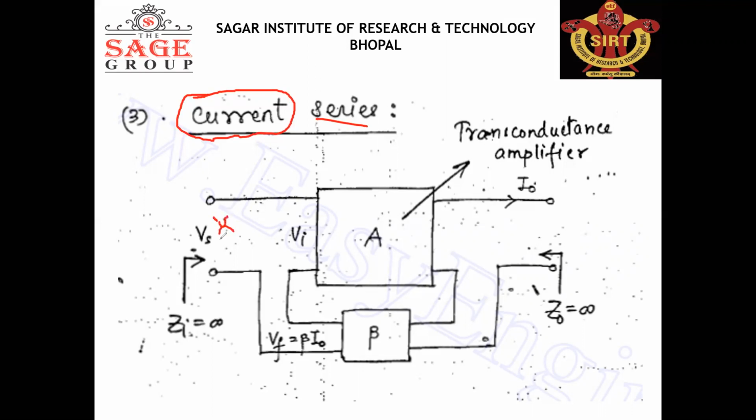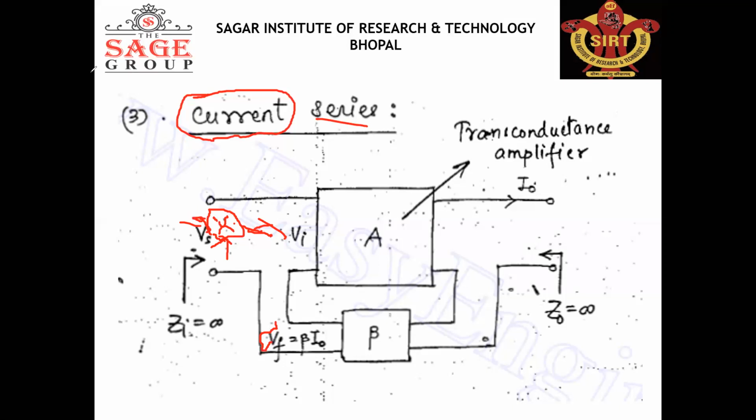So we have already stated that when the mixing is done in the form of series, both signals should be in the form of voltage. मतलब the feedback signal and the input signal should be in the form of voltage.